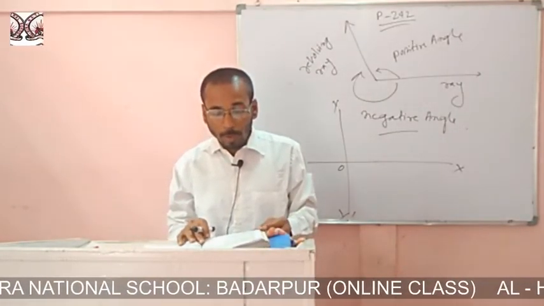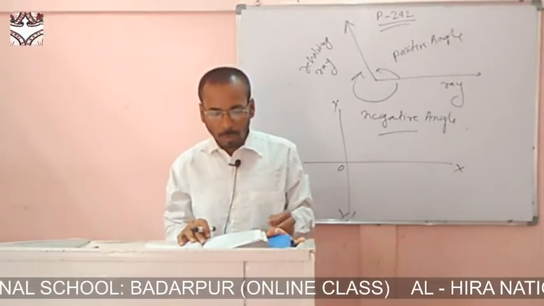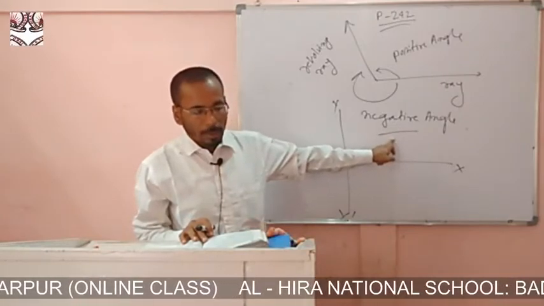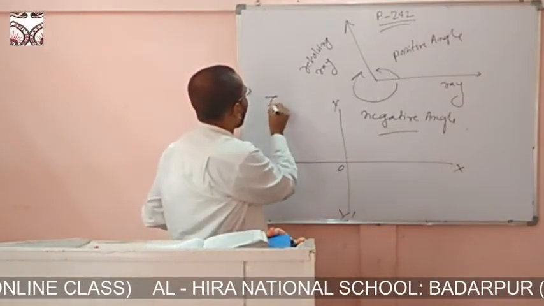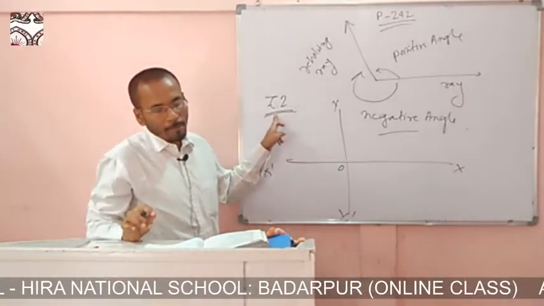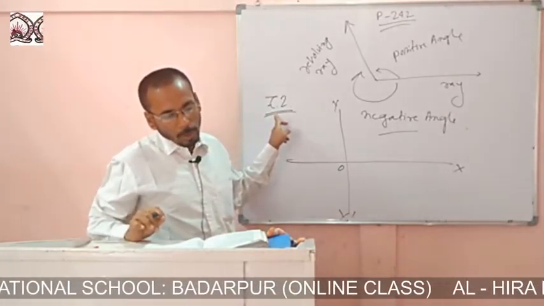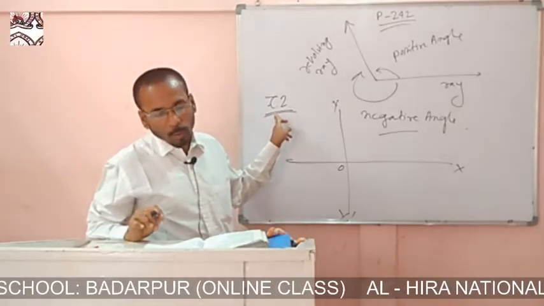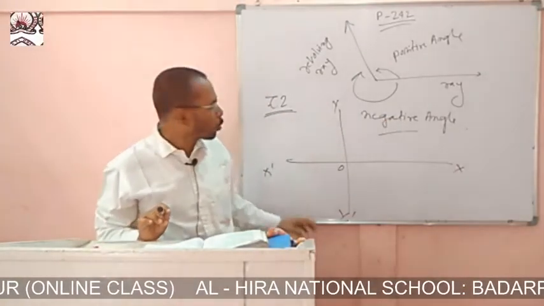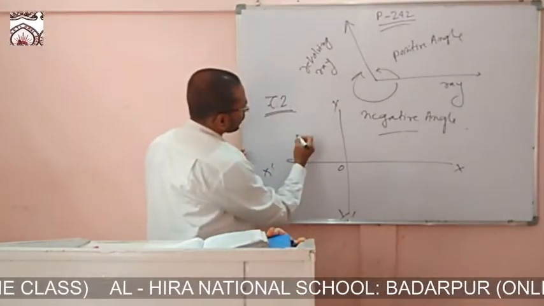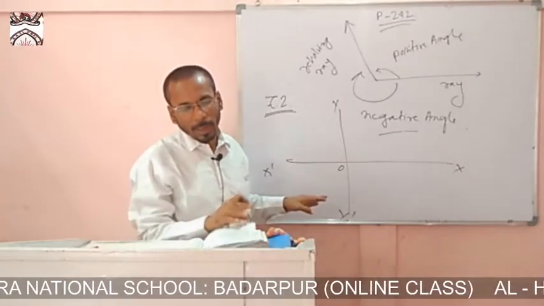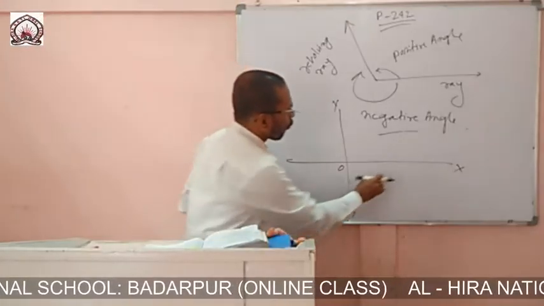Like this, you see your page number 244, convention of trigonometric ratios. Article 7.2, convention of trigonometric ratios. Case 1 is in the first quadrant, case 2 will be in the second quadrant, case 3 is the third quadrant, and case 4 is the fourth quadrant.